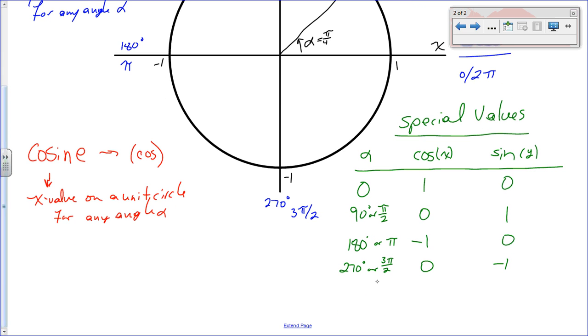And then your full circle, 360, or 2 pi, you're back to 1, 0.